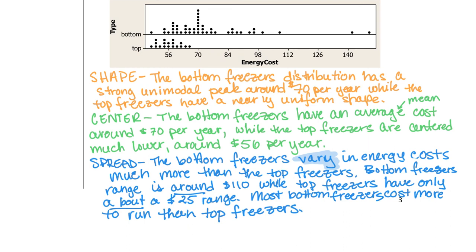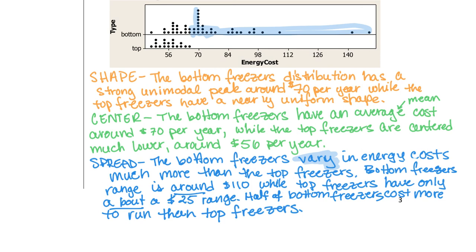If I look right here, all of these freezers are costing more to run than those top freezers. So maybe I shouldn't have said most. I just changed that to half of the bottom freezers cost more to run than the top freezers. I probably should have said about half.